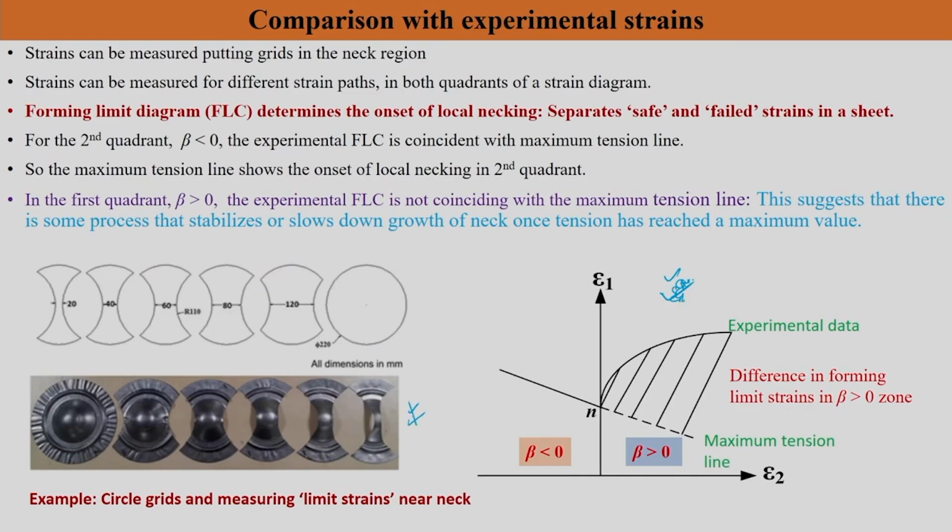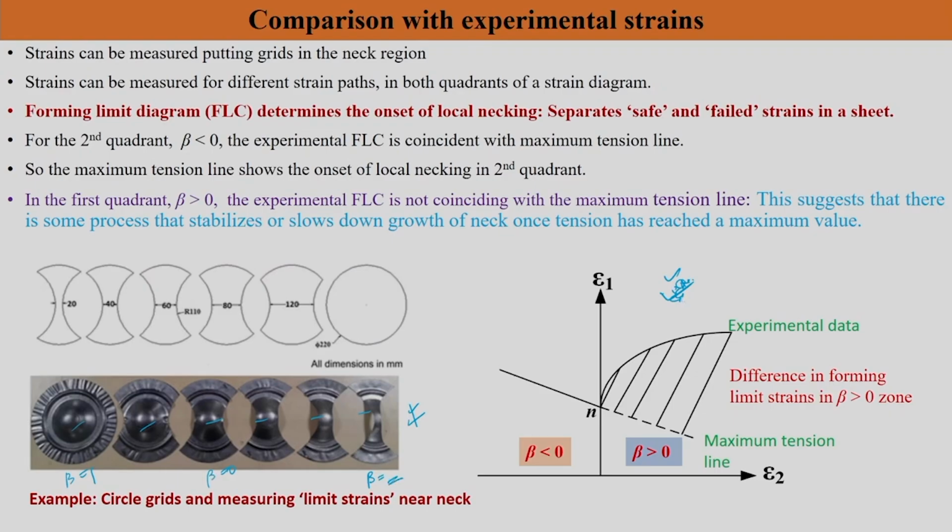We will discuss it a little later. All these sheets will have circle grids of a particular dimension on their surface, and then you deform the sheet. Here all are deformed at different beta values. Probably here beta is equal to 1, this could be beta equal to 0, plane strain, and this could be the uniaxial value.